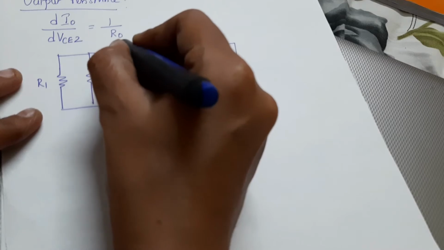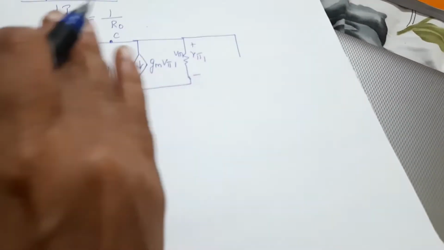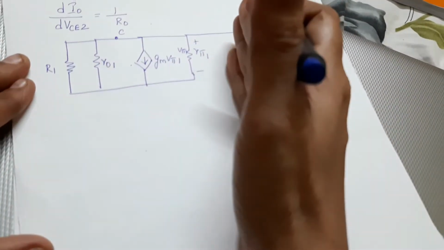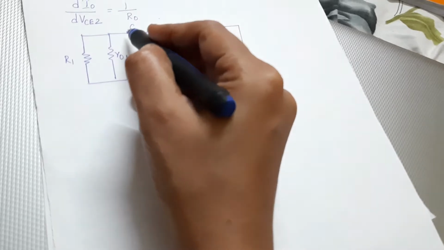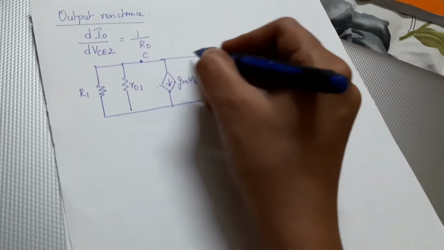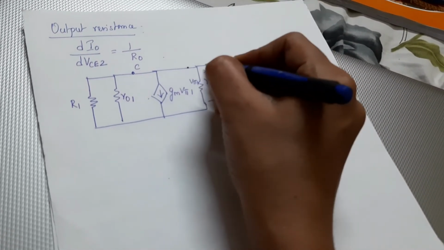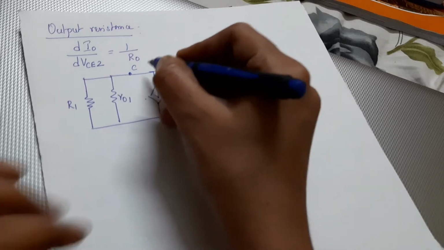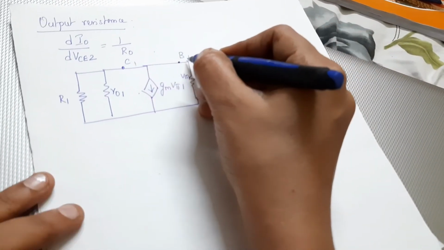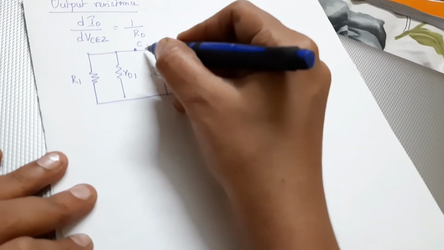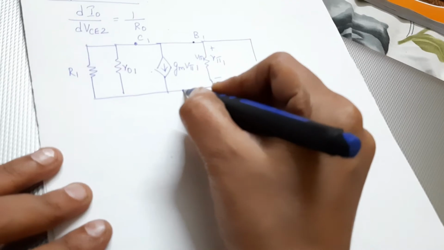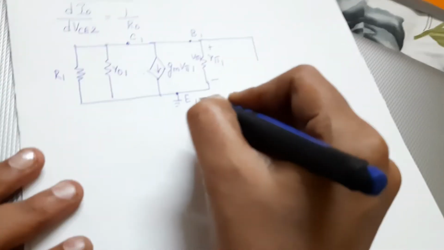This is my collector. I have redrawn it the other way. Usually we draw the base here, the collector here, and the emitter here, but I have taken the collector on this side. This is my base 1 for the transistor Q1, this is my collector 1, and this is my emitter 1.